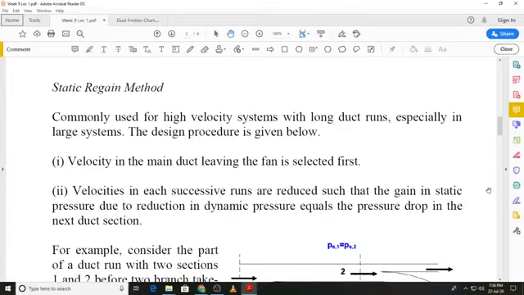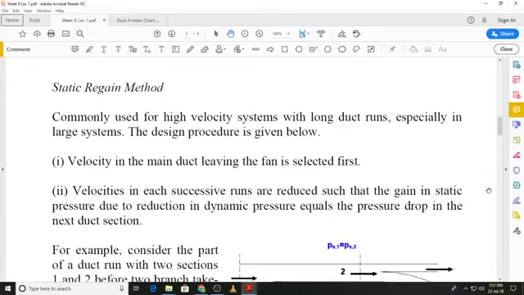Whatever you do is that the first thing is the selection of the velocity leaving the main duct after the fan. So that velocity has to be selected, and once we have done that, then as we move in each of the runs, as I mentioned earlier, velocities are reduced in such a manner that when you reduce the velocity, there is an increase in the static pressure, and that increase in the static pressure should be the same as the pressure drop in that particular section of the run.